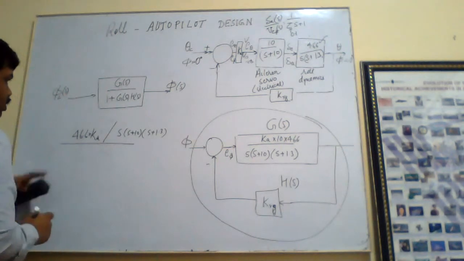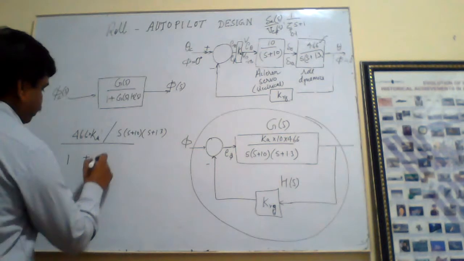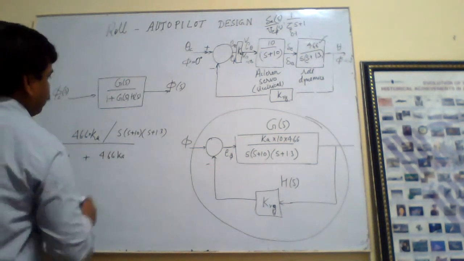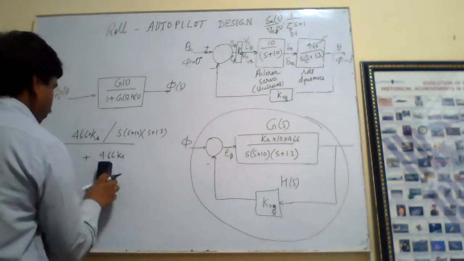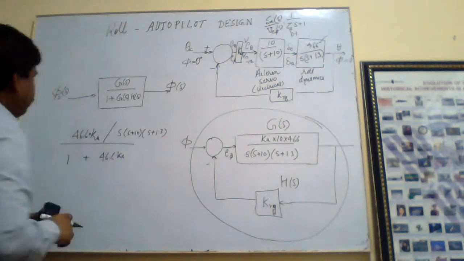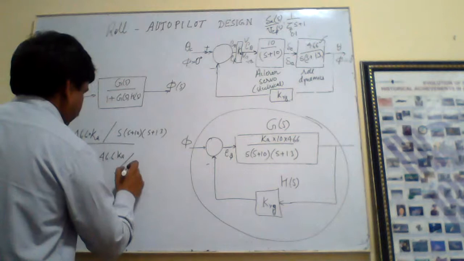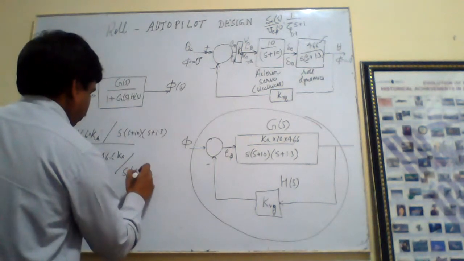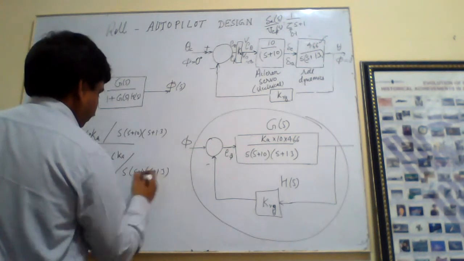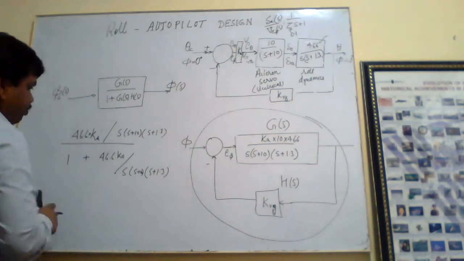Here I will have 1 plus G of S, which is 1 plus 46.6 Ka divided by s into s plus 10 into s plus 1.3, isn't it? I can take LCM.